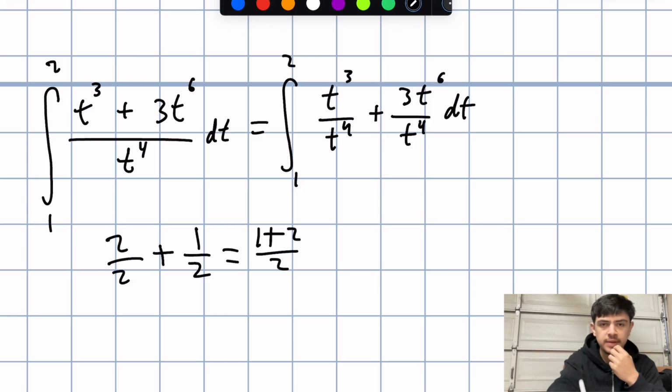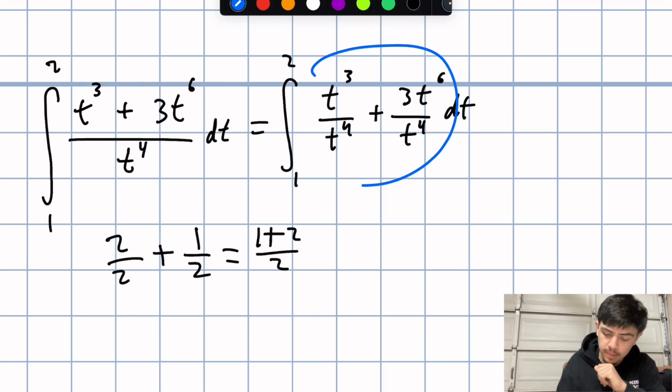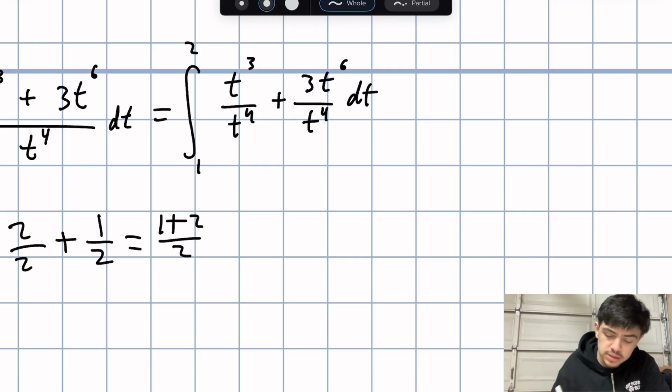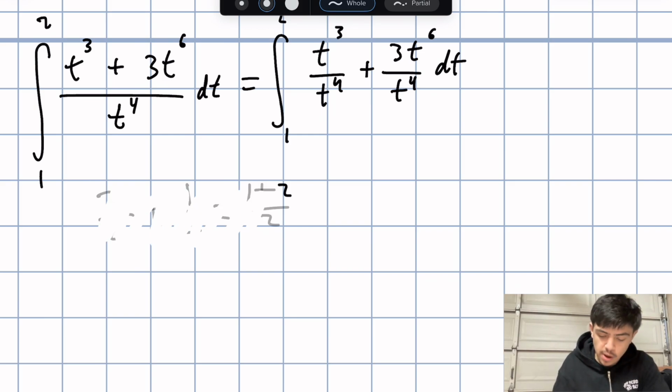Does this make sense? I hope this makes sense for you guys. It's the same thing. We have the same denominator. We could, if we wanted to, combine this to make it look like this again. But in this case, this is actually going to help us out. So remember, we have a plus, meaning we can separate this into two separate integrals, right? Let's go ahead and do that.